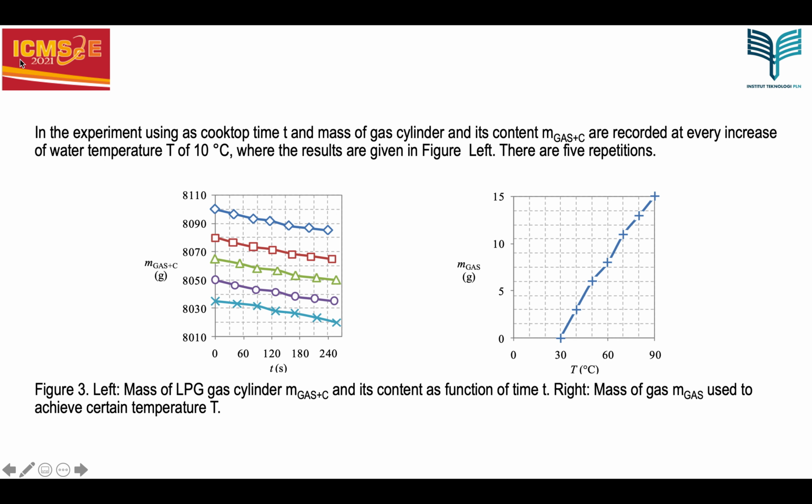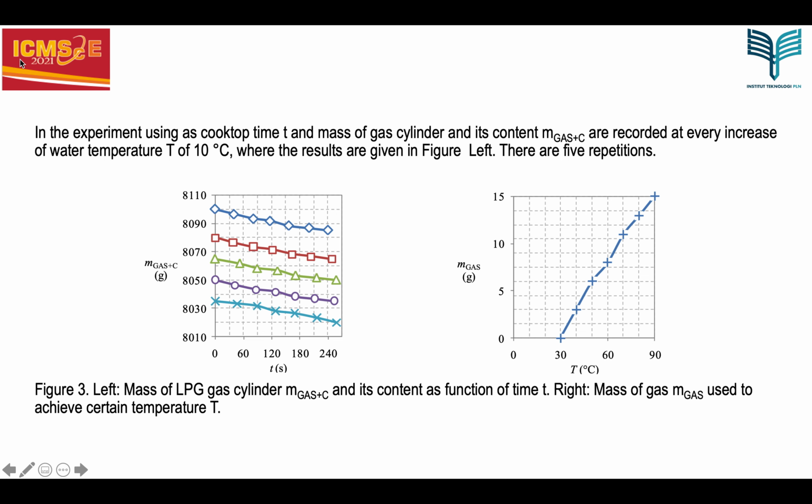In the experiment using the gas cooktop, time t and mass of the gas cylinder and its content, M gas at t, are recorded at every increase of water temperature of 10 degrees Celsius, where the results are given in the table. There are 5 repetitions.